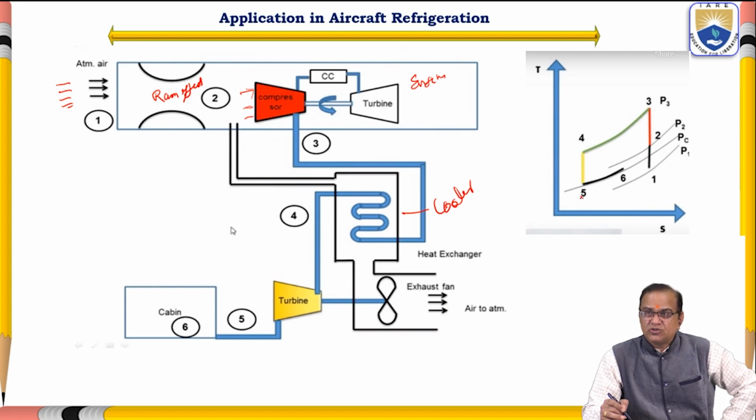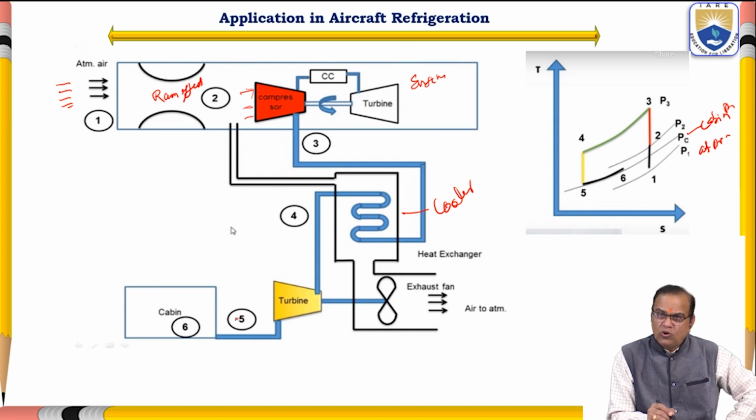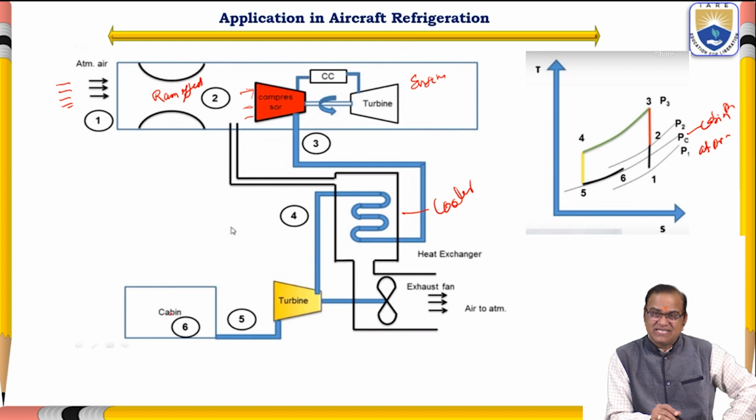Temperature is further reduced. Pressure is reduced up to the cabin pressure. This is the cabin pressure, and this is the atmospheric pressure. So from here you reach 4 and 5. Now this cooled air from 5 is entering the cabin where all the items, passengers and pilots are.